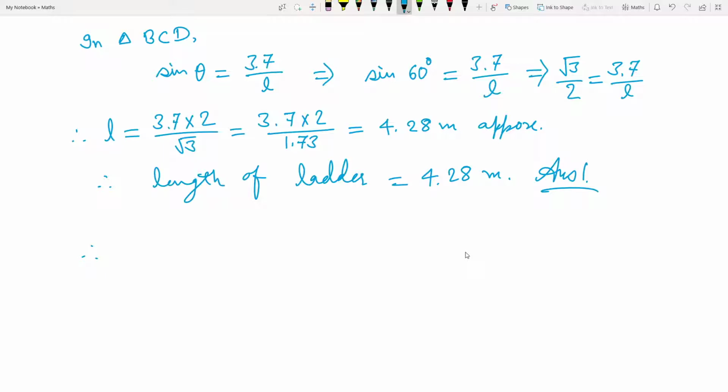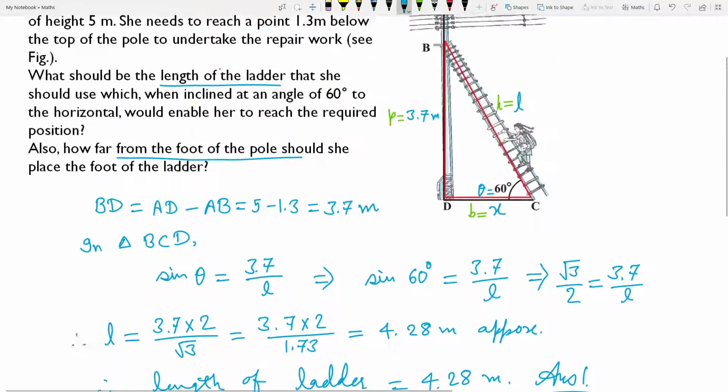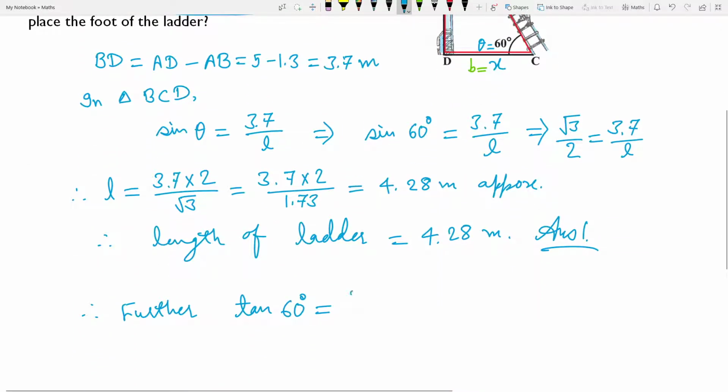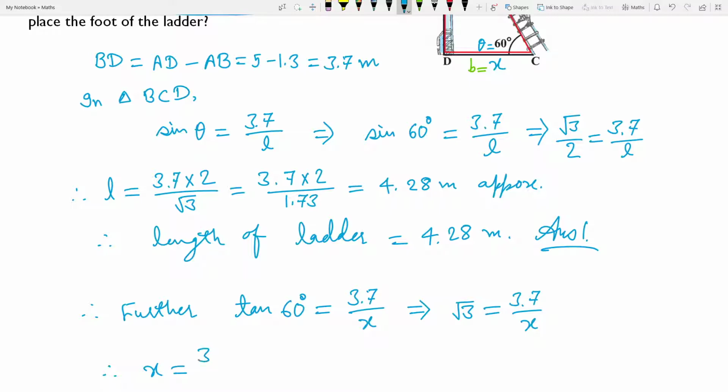Therefore, further we calculate tan of 60 degrees equal to perpendicular, which was 3.7 upon base, which is x. Again, from table you will find tan 60 degrees as root 3. So root 3 is 3.7 upon x. Consequently, x would be 3.7 upon root 3.